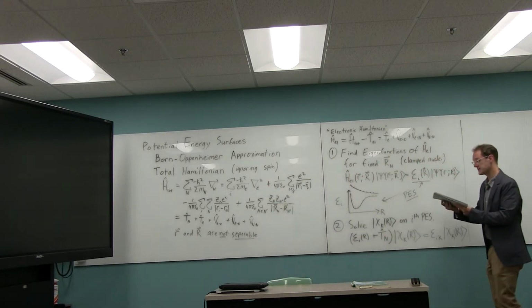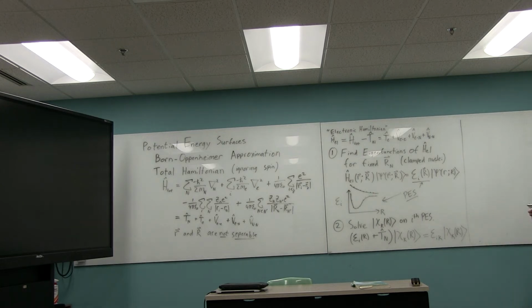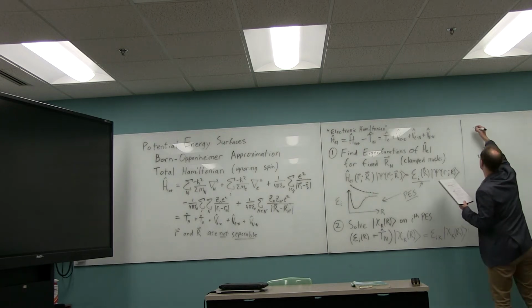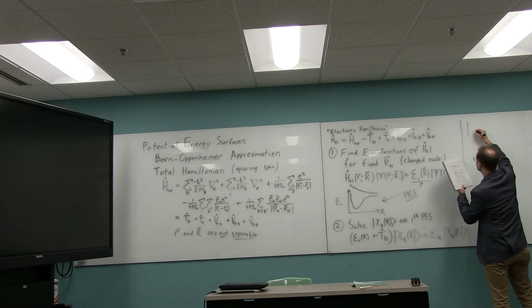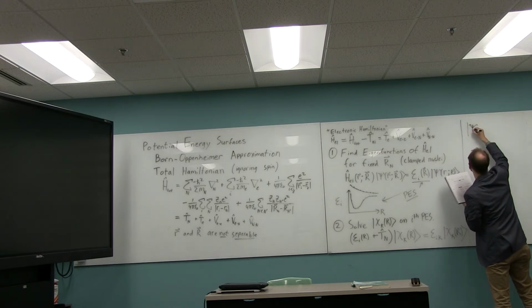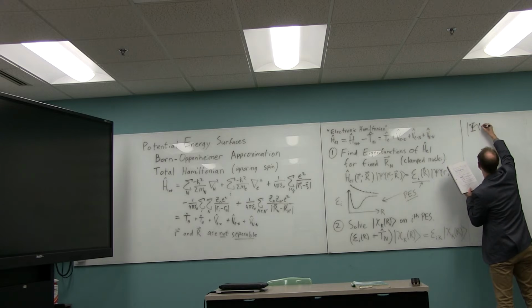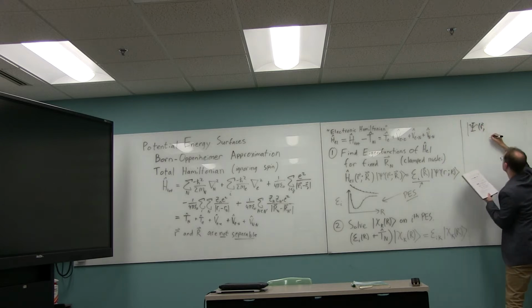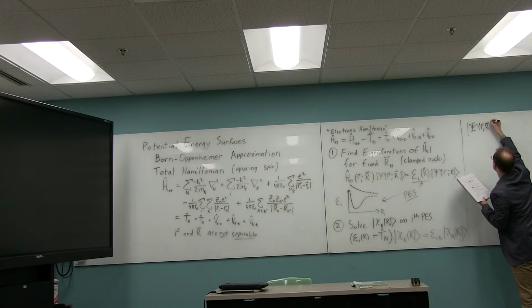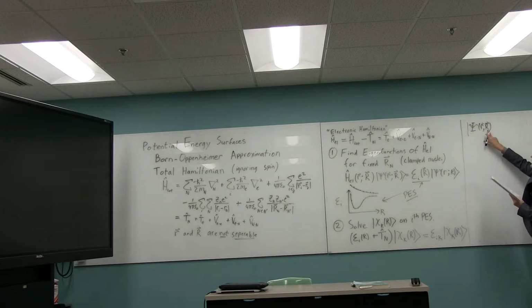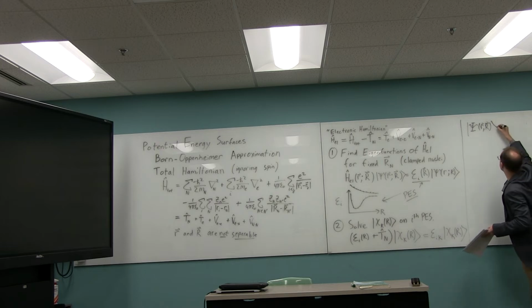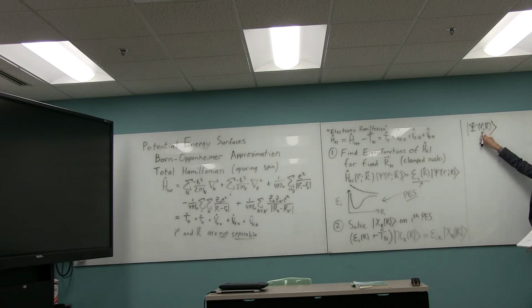You can write it as a linear combination of the Born-Oppenheimer wave functions. So the real wave function, I'll write that as a capital psi of, and this depends on the electronic and nuclear coordinates, not in a parametric way, right? But it's really a function of both sets of coordinates, right?